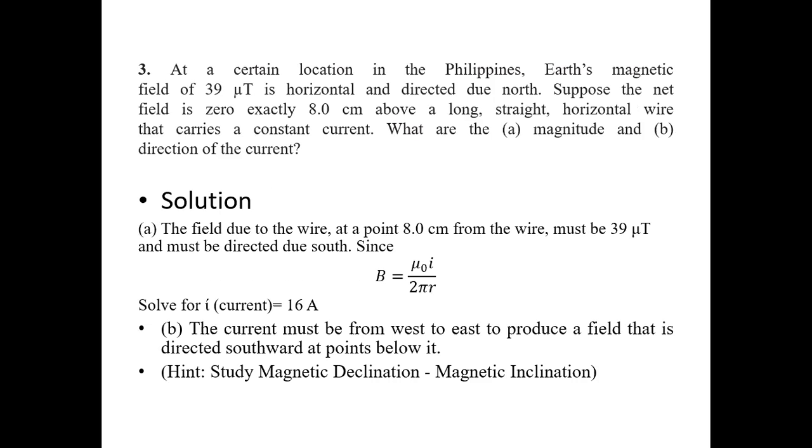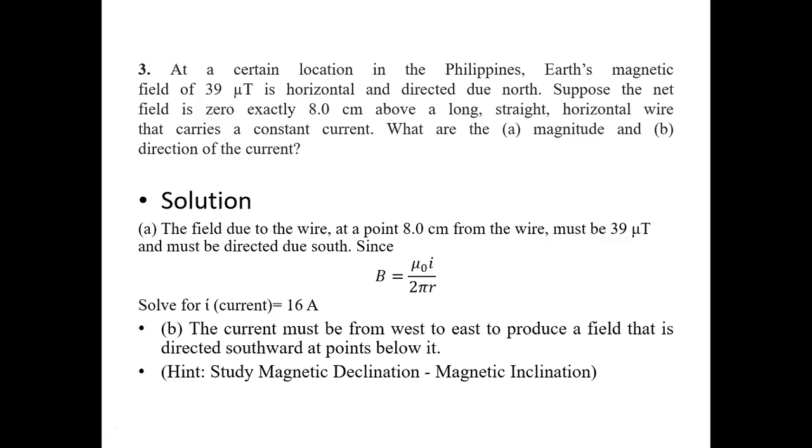Here is another example related to this one: in the Philippines, Earth's magnetic field is 39 microtesla, horizontal and directly due north. This happens not everywhere, but around the equator countries. Earth's magnetic field is horizontal to the Earth's surface and due north. In some countries like Pakistan or Russia, as we move towards the north, Earth's magnetic field is no more horizontal.